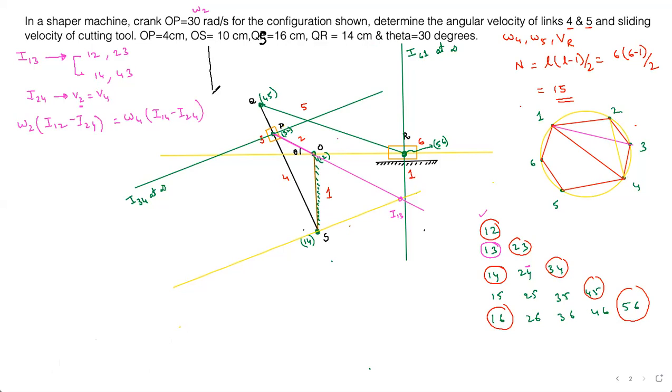To find I24, I need to connect 2, 4, then 2, 3 and 3, 4, and on the other side 1, 2 and 1, 4. So where is I23? Just check. Yes, I23 is here on the slider. And I34 is, yeah, here. So already these both are on the same line.